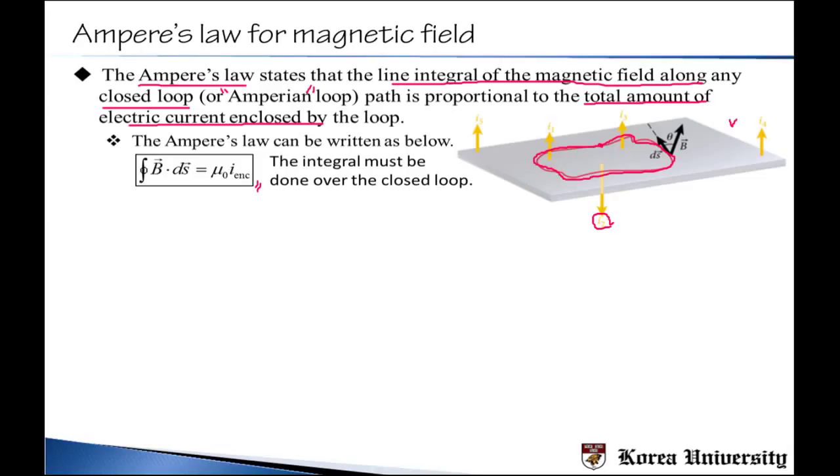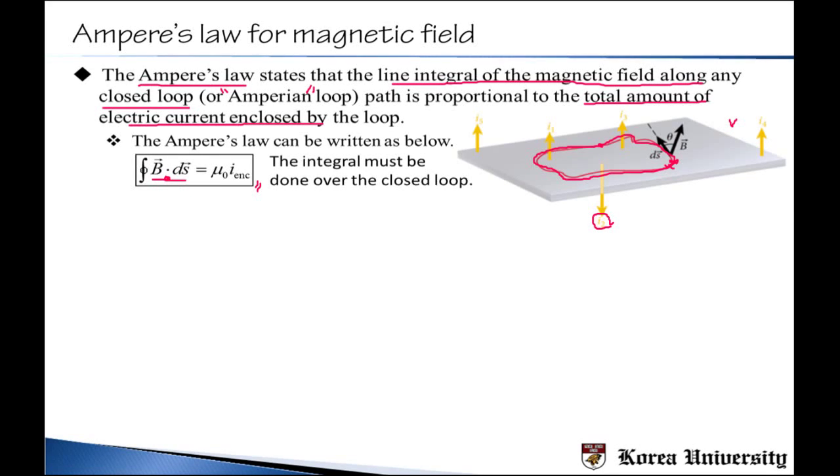And then suppose you try to integrate the magnetic field going around this. So it's given here. The magnetic field is a vector, and when you go around the loop, this ds will be the length vector representing a small portion of this loop. So when you integrate this, you have to make a dot product because these two are vectors.